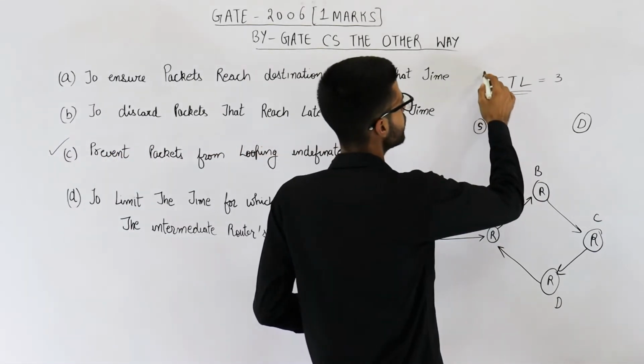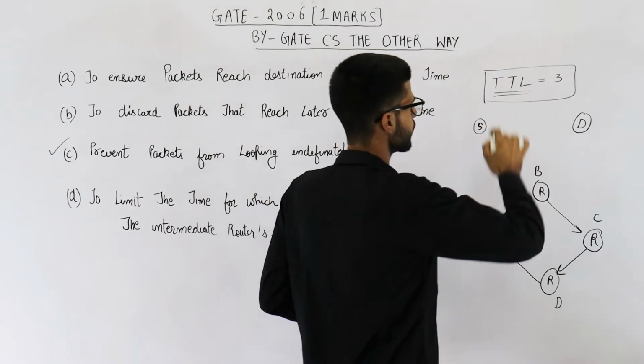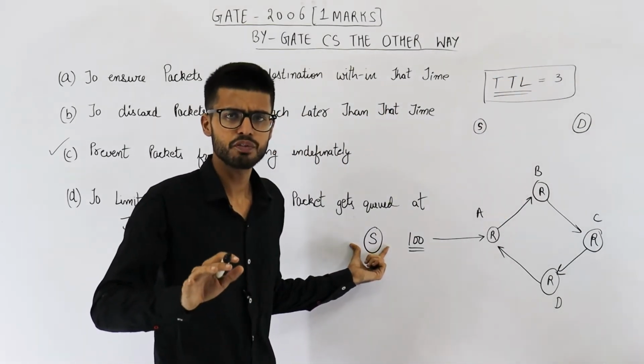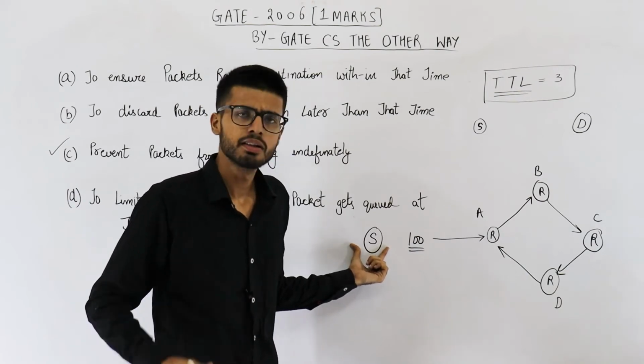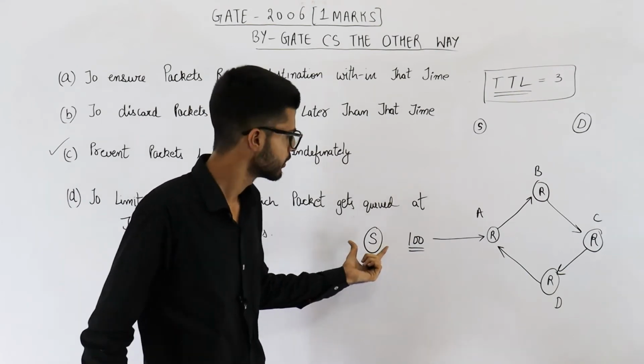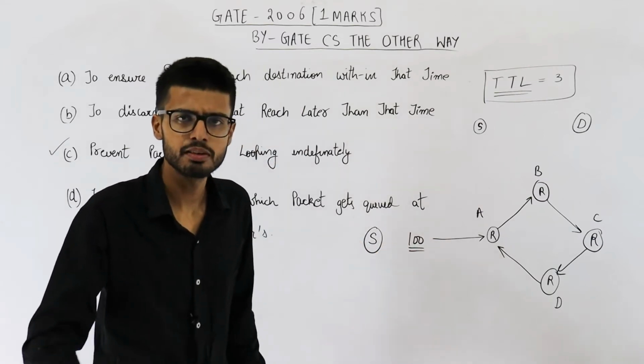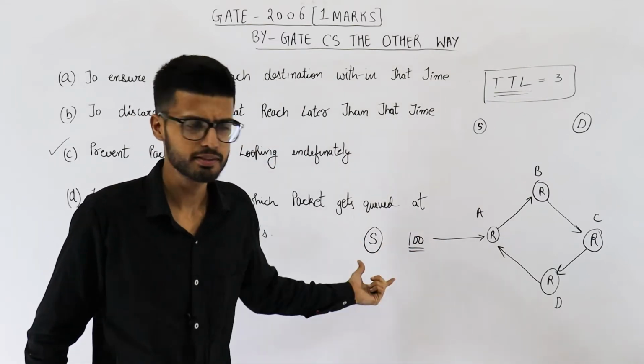That is the reason we include this field called TTL. Suppose this source knows that a maximum of around 10 hops, the destination must be reached. That means source knows that destination is approximately 10 hops away from this point.